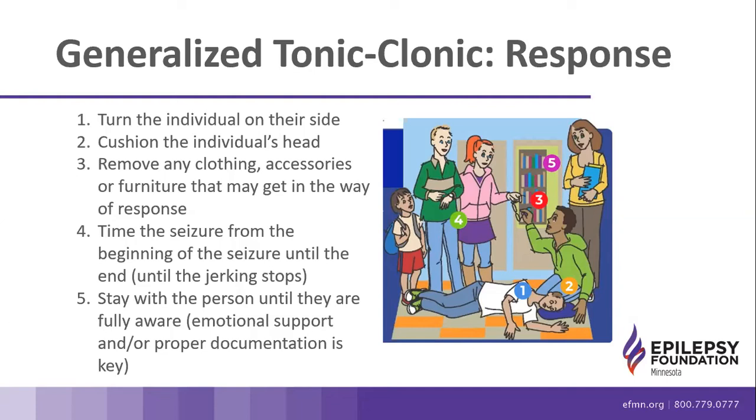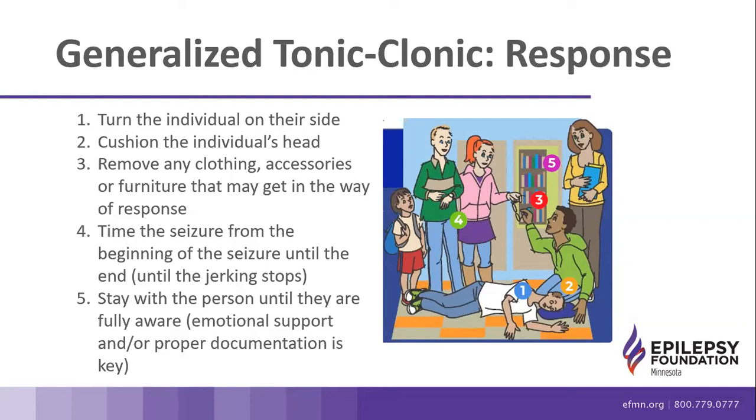You want to, of course, time the seizure, which is key for this type as well. From the time the seizure starts until the jerking or the convulsing stops, that's the time frame that you're looking at. When it hits the mark of 5 minutes, or whatever is considered the mark for them where they're going to need extra assistance, you want to be timing it to be accurate for those reasons.